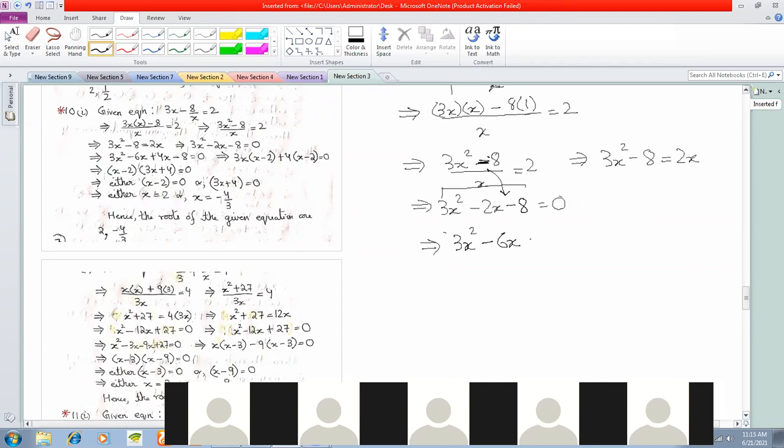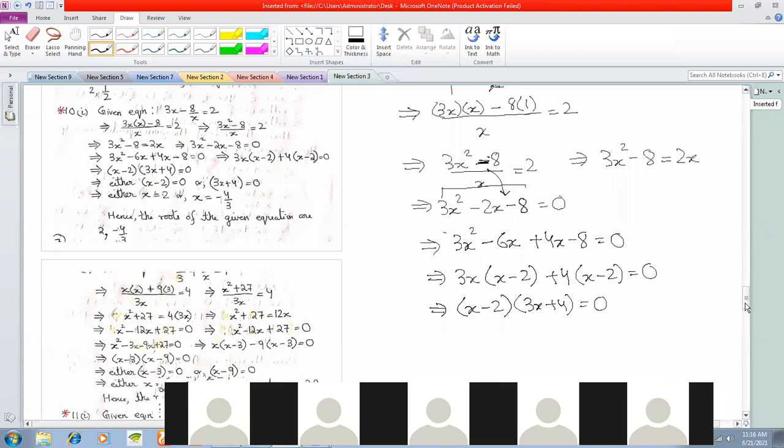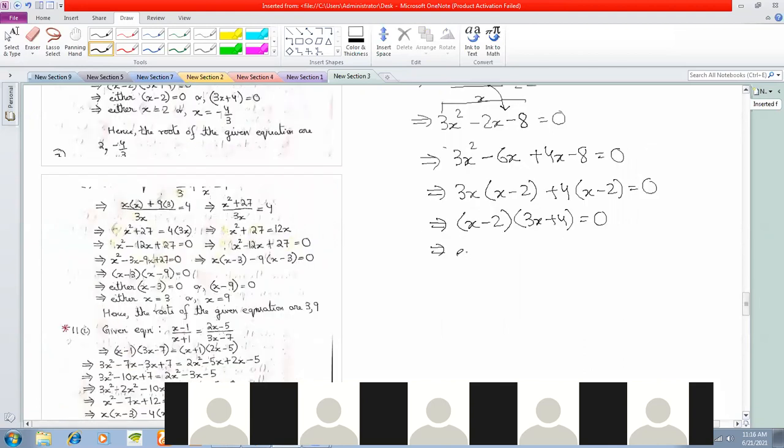So 3x square minus 6x plus 4x minus 8 is equal to 0. So you get 3x into x minus 2 plus 4 into x minus 2 is equal to 0. You get x minus 2 into 3x plus 4 is equal to 0. That means either x minus 2 is equal to 0 or 3x plus 4 is equal to 0.